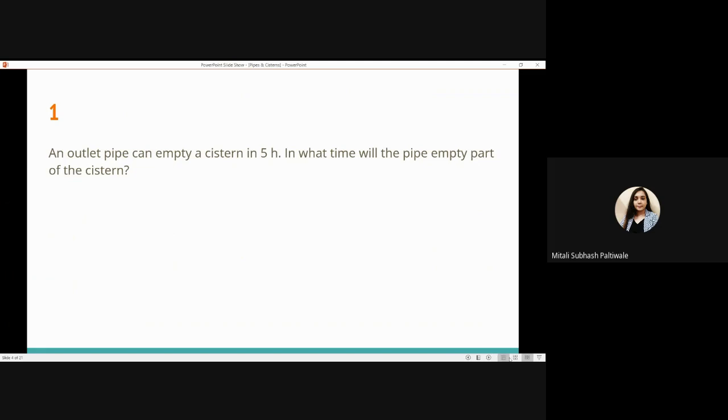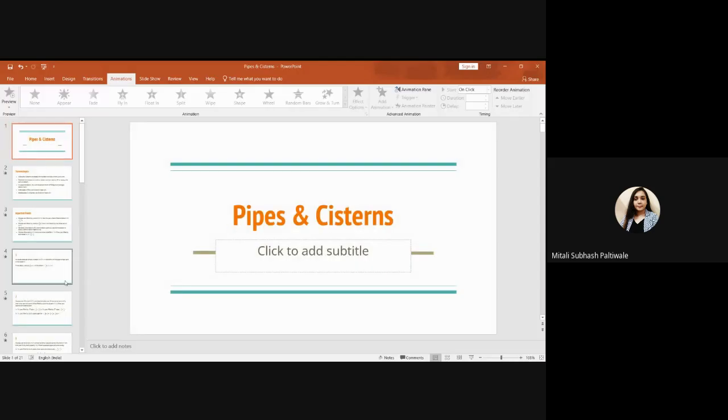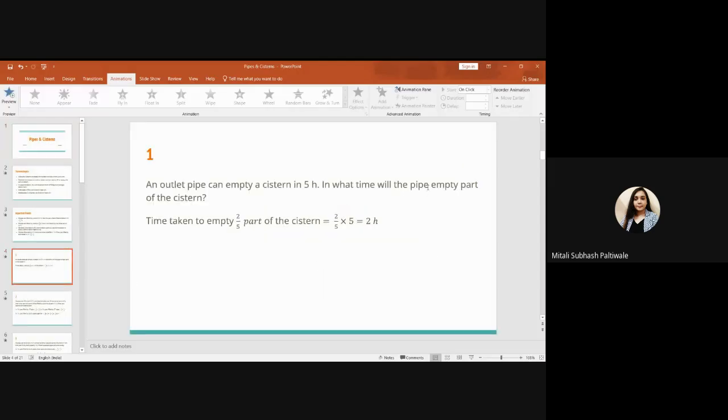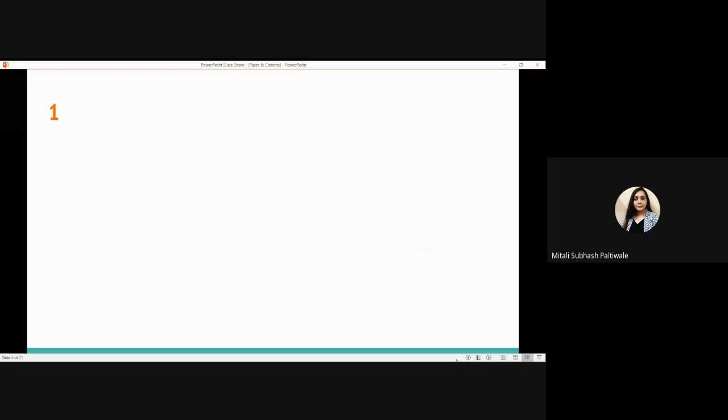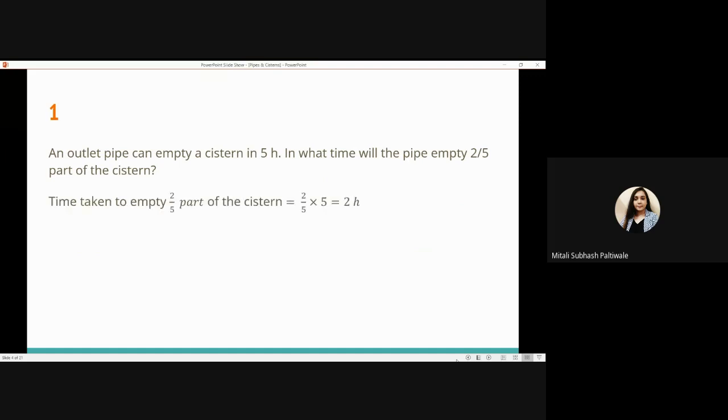Sorry, here there has to be something else, which is how much time will it take to empty the two-fifth of the part of the cistern. So here, time taken to empty the two-fifth of the part of the cistern is equal to 2 by 5 into 5.